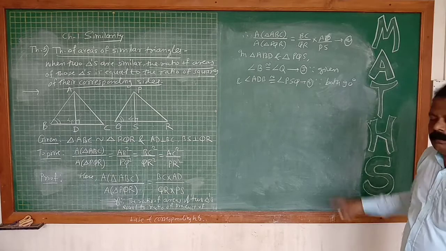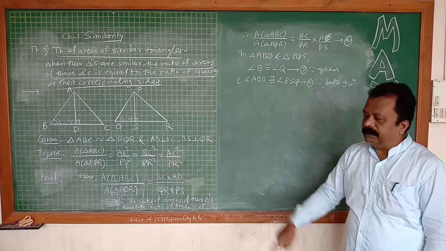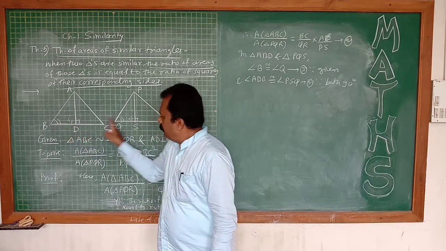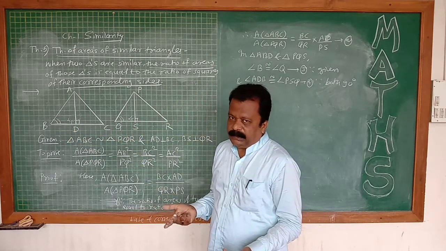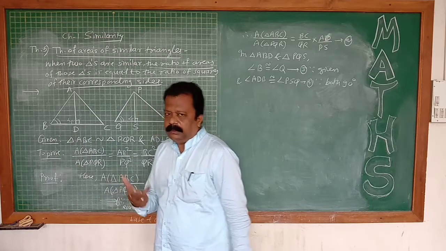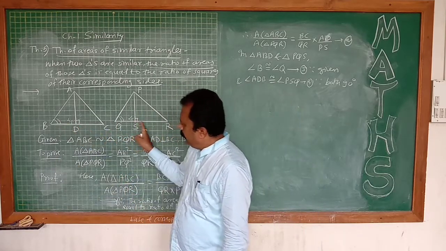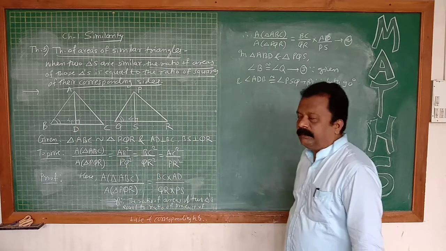Equation number 4, the reason is what? Both are 90 degrees, so they are congruent to each other. And here both are similar figures, so corresponding angles are congruent. It is in the given. So by the AA test, these two triangles are similar.